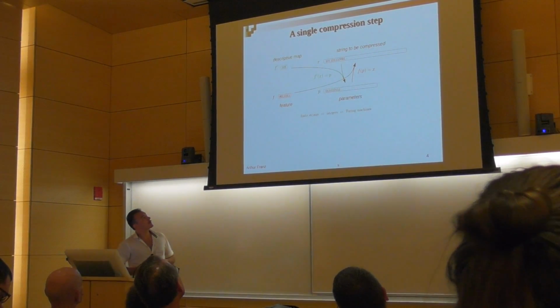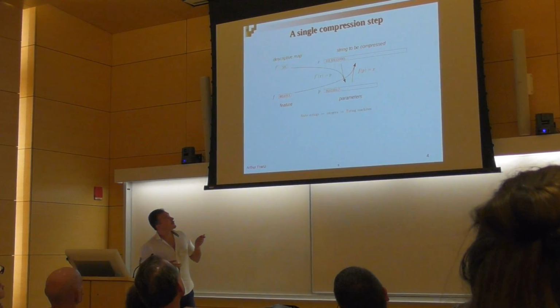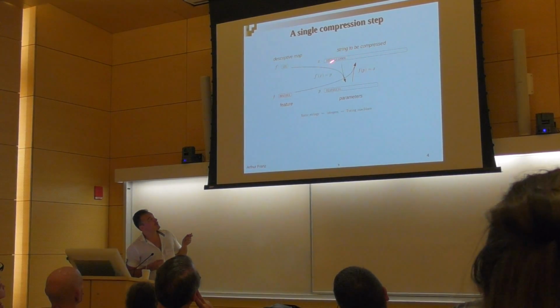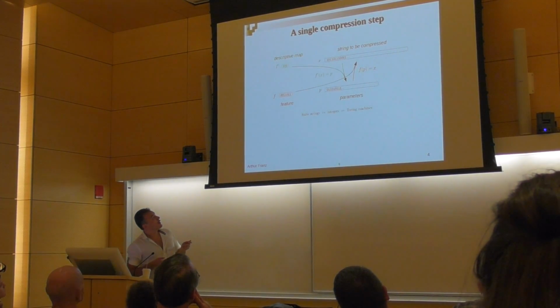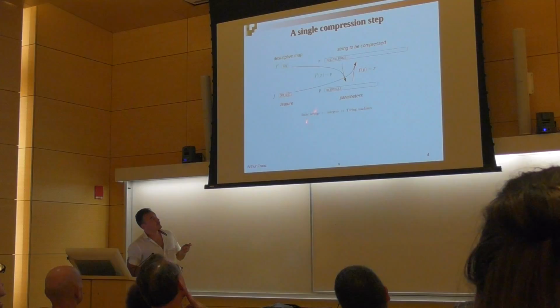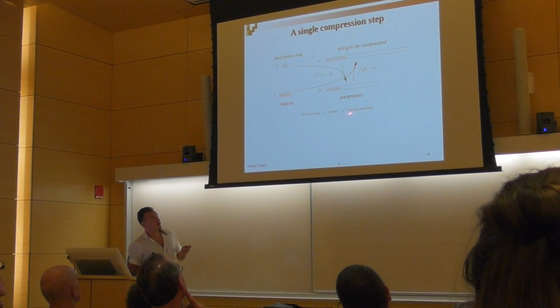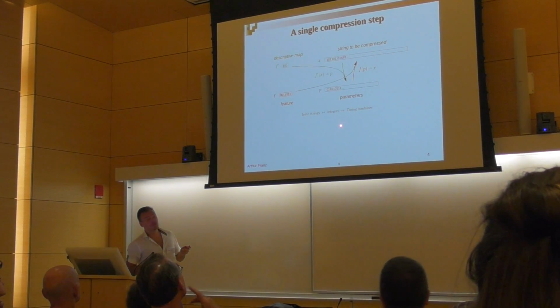So what is a single compression step? First, we have a binary string x that we want to compress, that we want to find a short description of. Remember that there's a one-to-one map between finite strings and Turing machines.